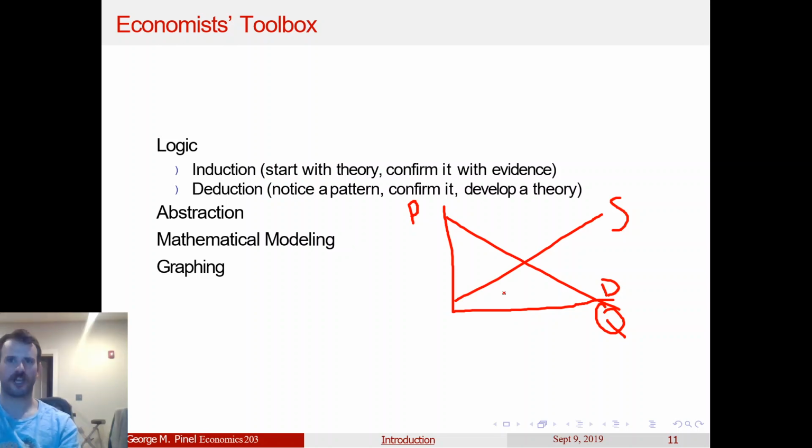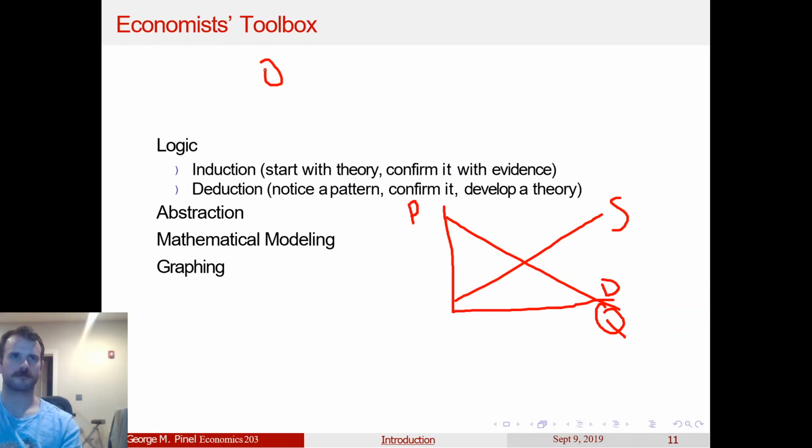Let's say quantity supplied is equal to 2P plus 2. Quantity demanded equals negative 2 times P plus 10.